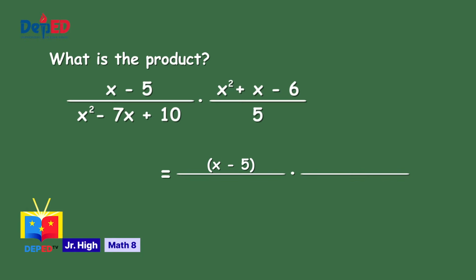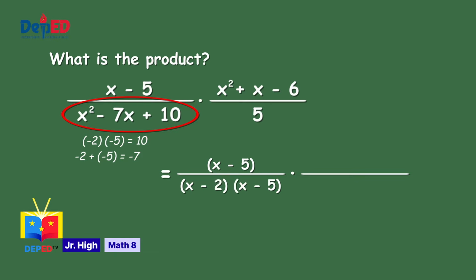Next, what are the factors of x squared minus 7x plus 10? What could be factors of positive 10 whose sum is negative 7? Negative 2 and negative 5. So we can express the trinomial as the product of x minus 2 and x minus 5.